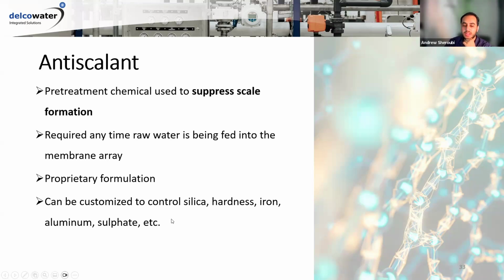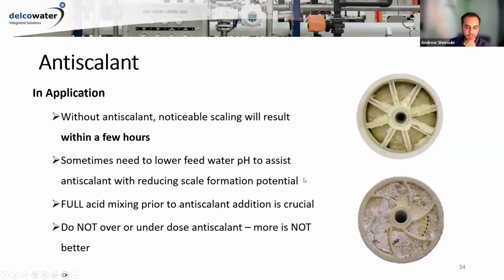They can be customized depending on exactly what is in the water that would cause the scaling. Within a few hours, you could notice buildups, as you see here on the surface of the membranes. And this is kind of pH dependent, so you might need some tweaking while you're designing the system to make sure that it operates at a maximum.